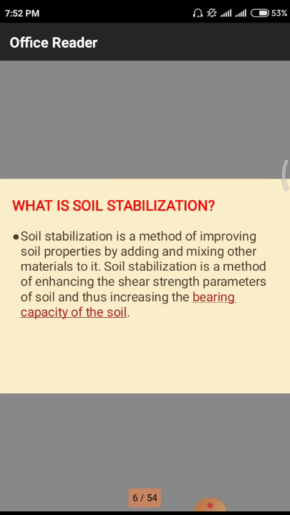Why? Because after construction of a particular project, for 2 to 3 years, due to water problems and surrounding soil problems, definitely the structure will sink. Year by year there may be some sinking of the structure into the soil due to weak bearing capacity.